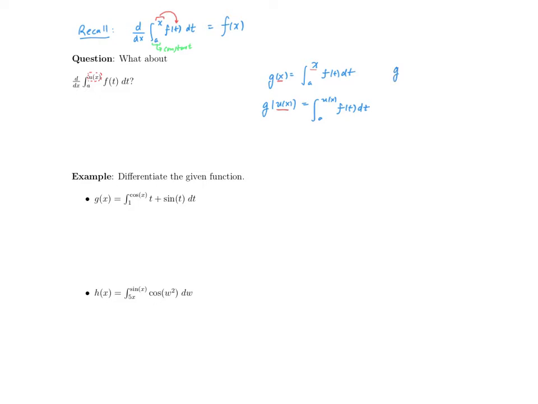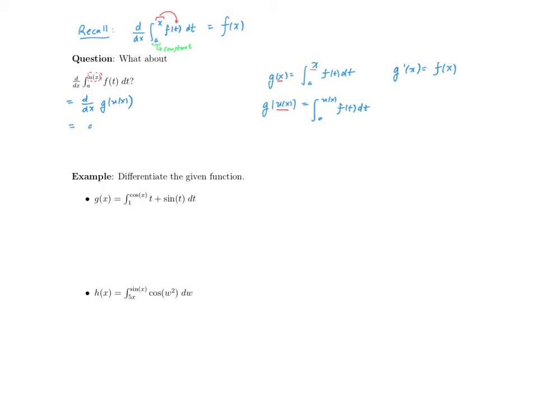Likewise, we know from our previous work precisely what the derivative of g is. G prime of x, as we calculated above, is simply f of x. So back to the problem at hand. This is really differentiating the composition g of u of x. And when we differentiate a composition, we use the chain rule.